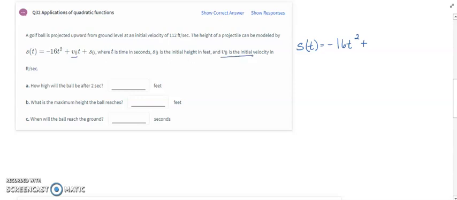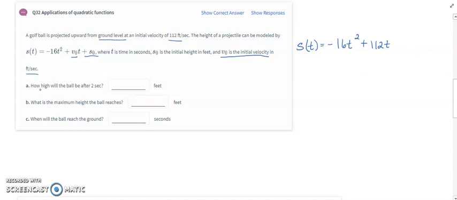Well, v sub 0 is the initial velocity in feet per second, and that was told to us to be 112 feet per second, so we have 112 t, plus s sub 0, but s sub 0 is the initial height in feet. But because the ball was projected from ground level, the height is 0 feet, so we actually don't need to add on a constant there.